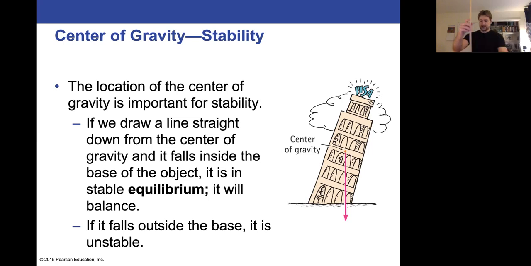In contrast, if I try to balance this yardstick on its end, it will not take very much at all for a disturbance to mean that from the center of gravity, the line that we draw does not pass within the area of the end of the meter stick, and it'll fall.